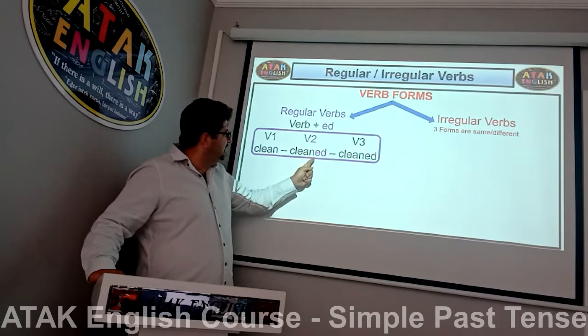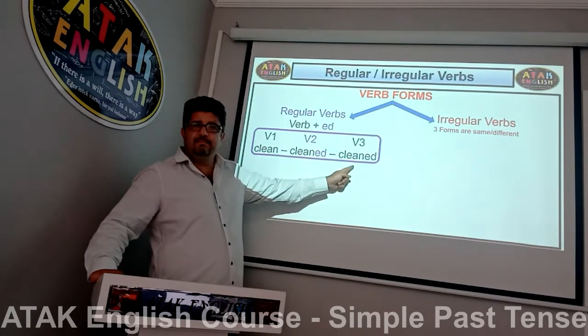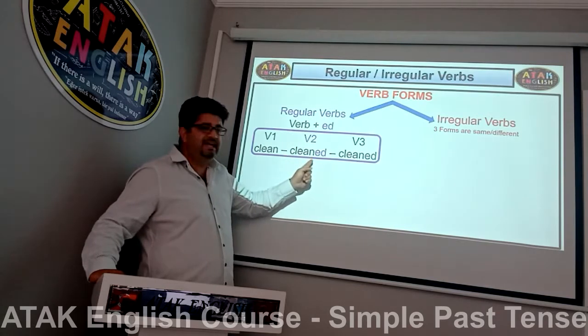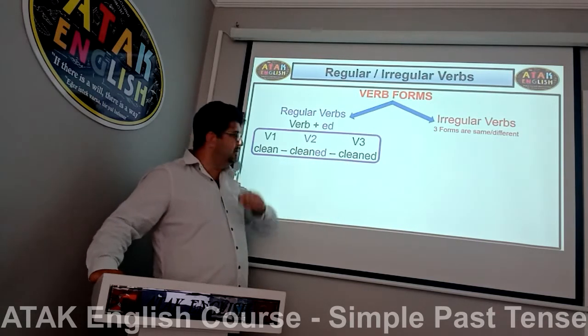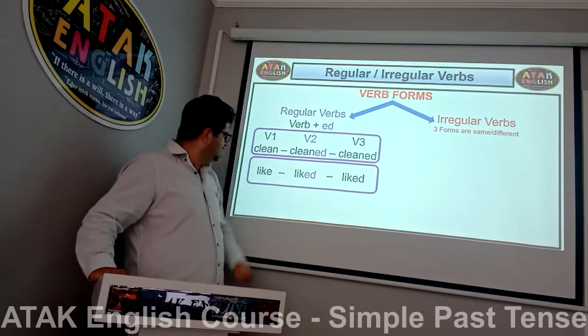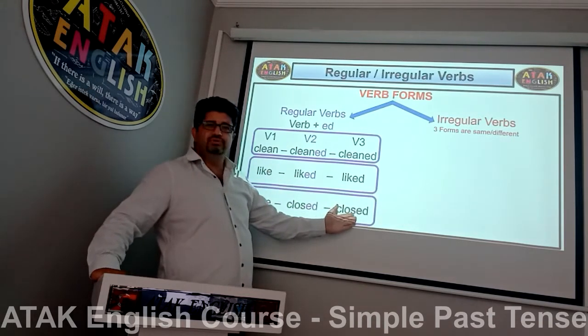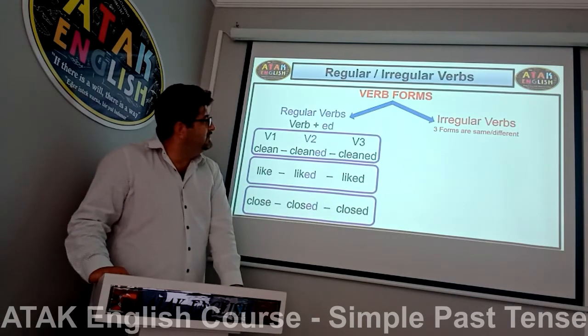I just put ed for verb 2 version. And the same comes as a verb 3 form. Clean, cleaned, cleaned. Like, liked, liked. Close, closed, closed. What about irregular verbs?